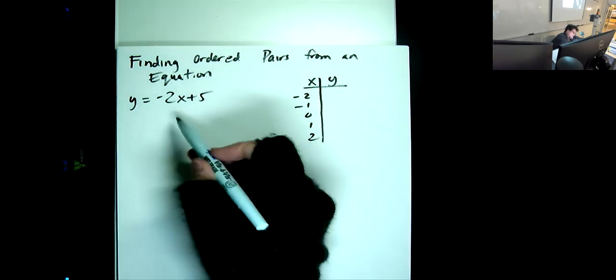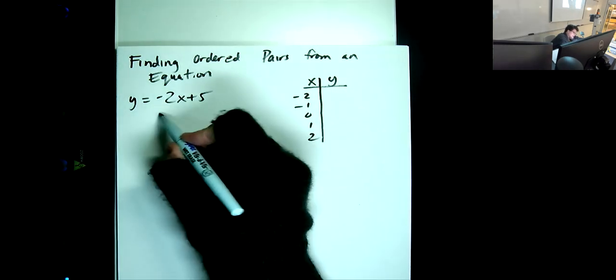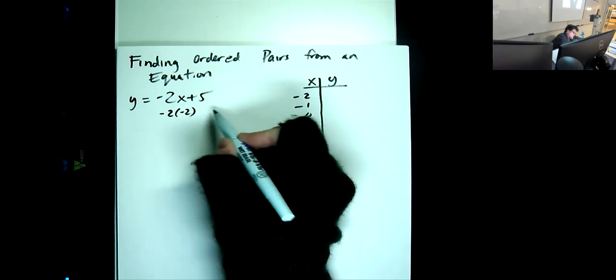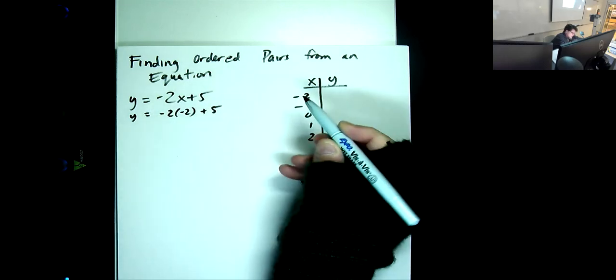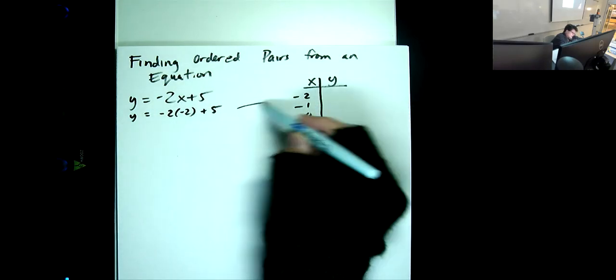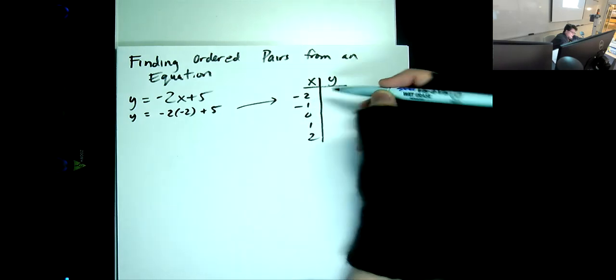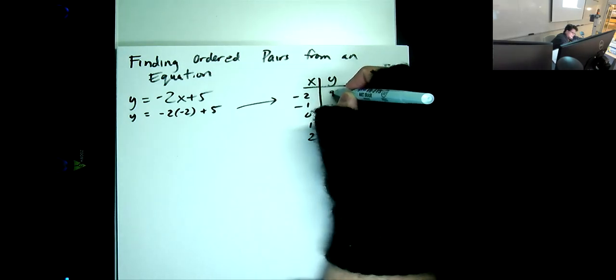If I plug in -2, I've got -2 times -2 plus 5. -2 times -2 is 4, plus 5 is 9.